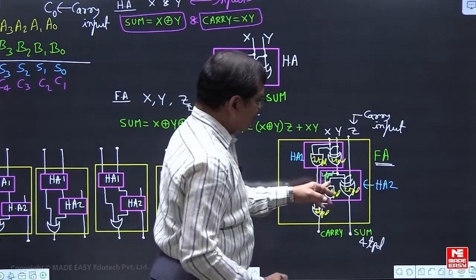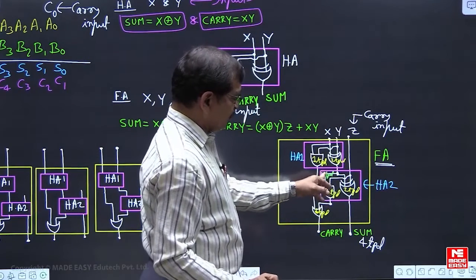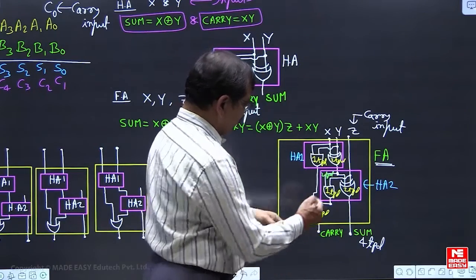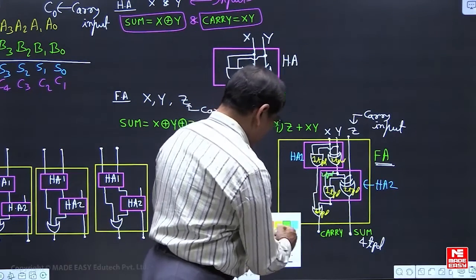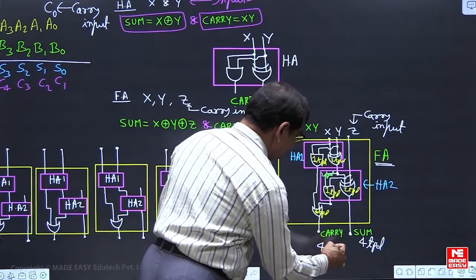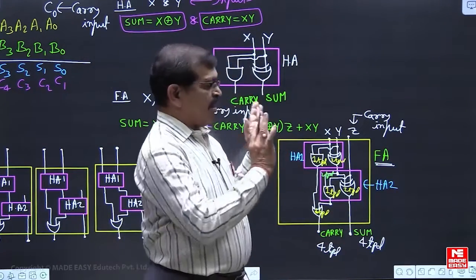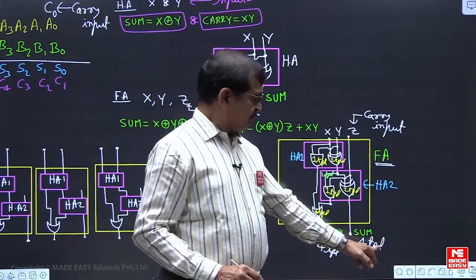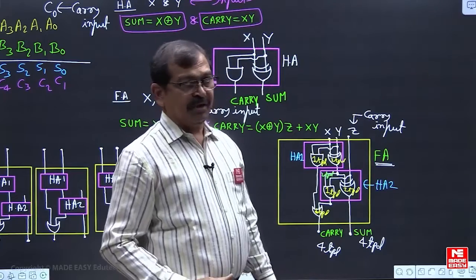The other may be available directly. After 2 TPD it passes through this AND and also this OR. So effectively 2 TPD plus 1 TPD plus 1 TPD, it is available after 4 TPD. So for an independent full adder, the sum output is obtained after 4 TPD, and the carry output is obtained after 4 TPD.